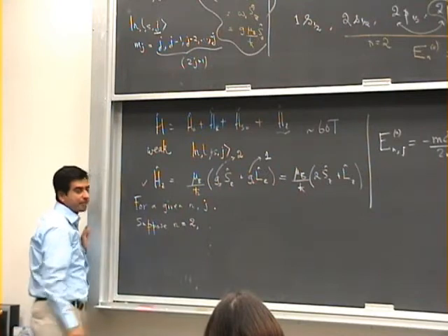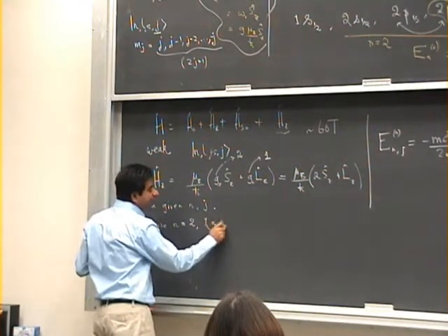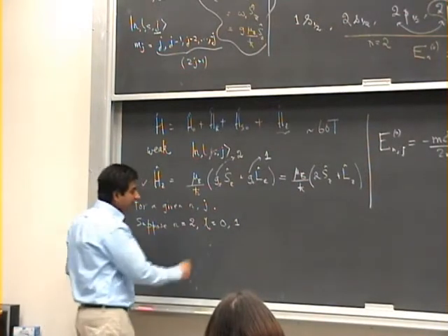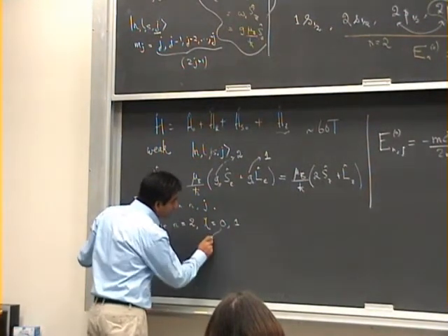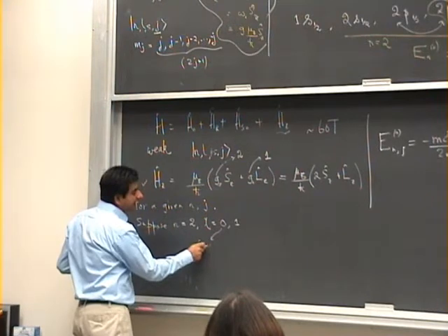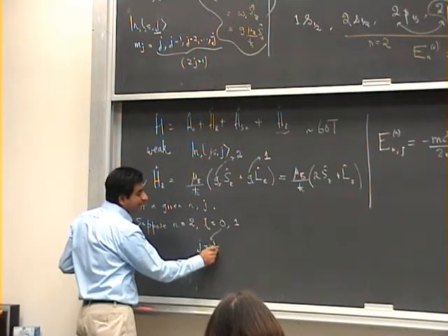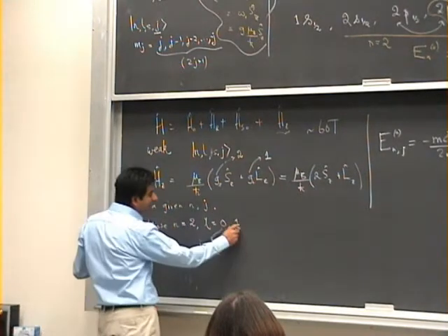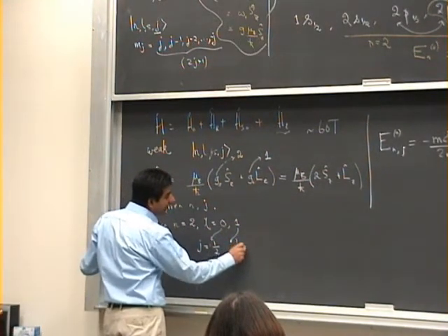If n is 2, l can be 0 or 1. If l is 0, then j can be half. The only possibility is half. If l is 1, j can be 1/2 or it can be 3/2.